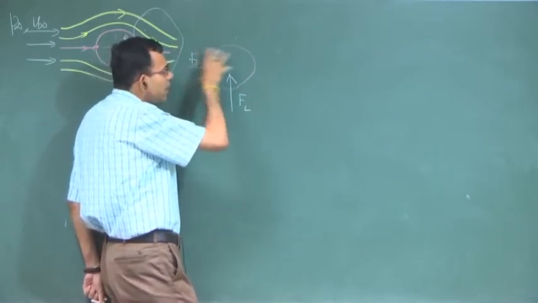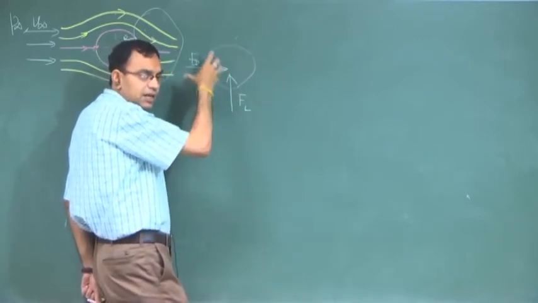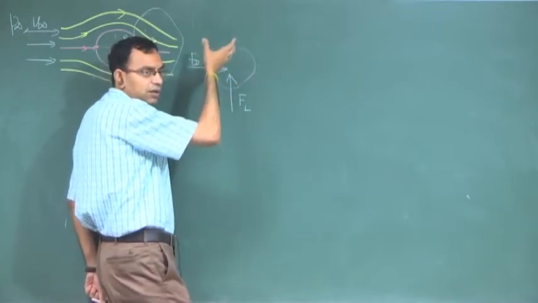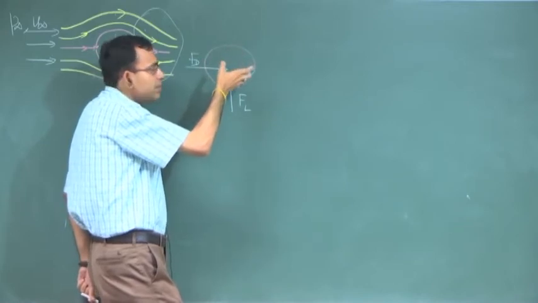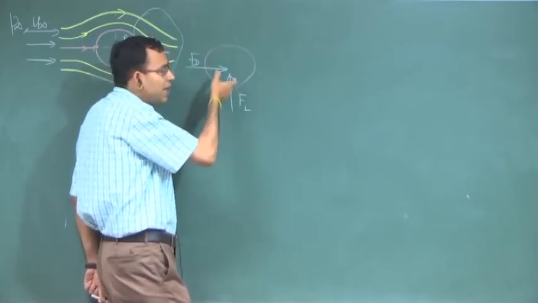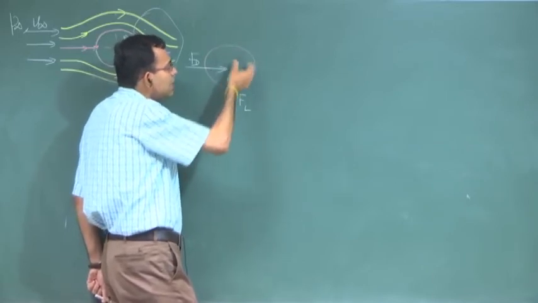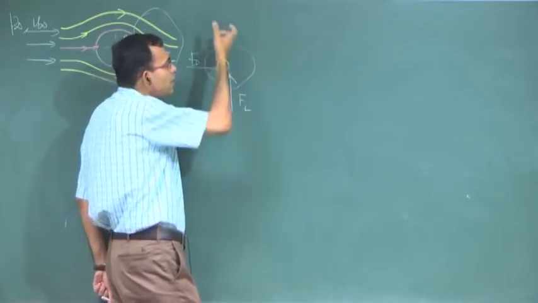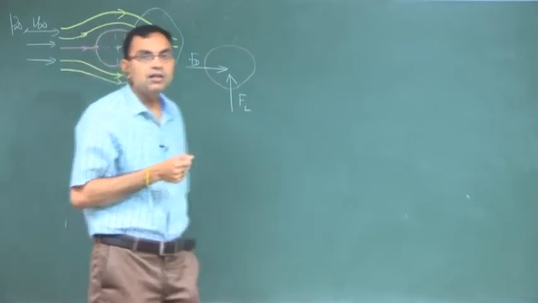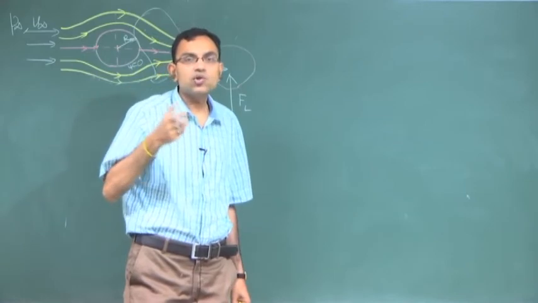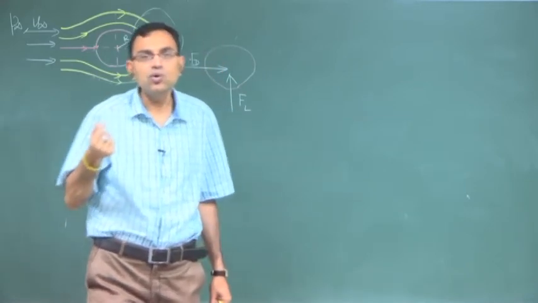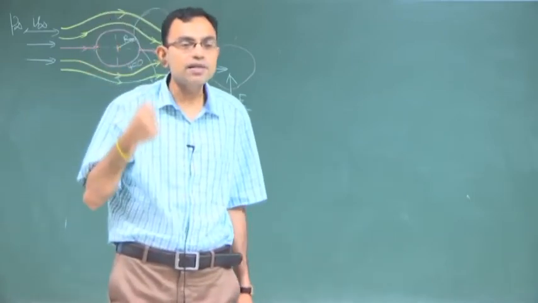In a fluid where viscous effects are even negligible, if you make this cylinder or a sphere, for a ball you may approximate it as a sphere, and spin it in this way, then you will find that there is a tendency for it to go up or down depending on the direction of the spin. This is the so called top spin in a sports ball, and this is due to an effect called the Magnus effect.